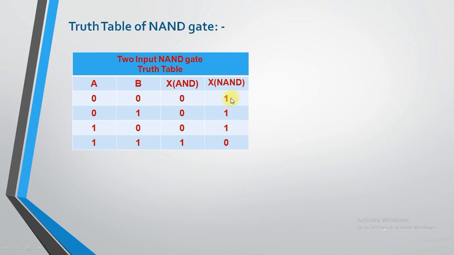That means 1 1 1 0. Now you can write the theory: if all the input signals are high in a NAND gate, at that time you will get X equals 0. In the rest of the cases you will get 1, right?